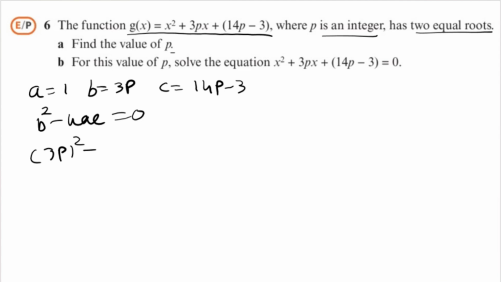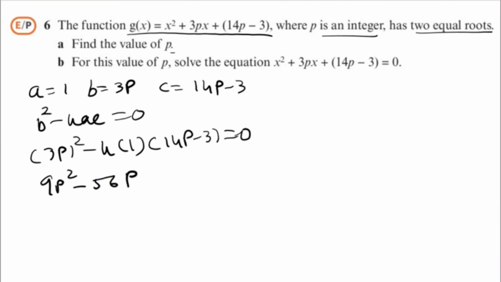3p squared minus 4 times 1 times 14p minus 3 equal to 0. 3p squared is 9p squared, minus 14 times 4 will give me 56p, plus minus 4 times minus 3 will give me plus 12, equal to 0.